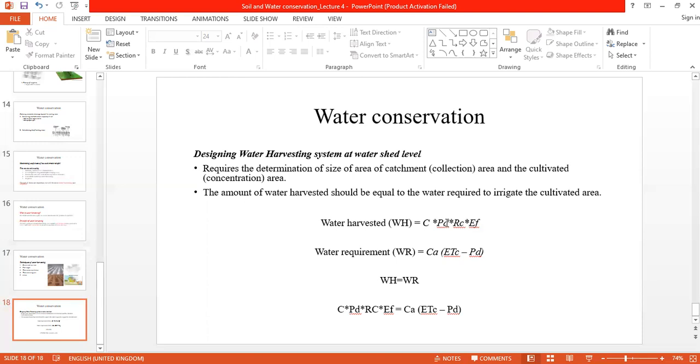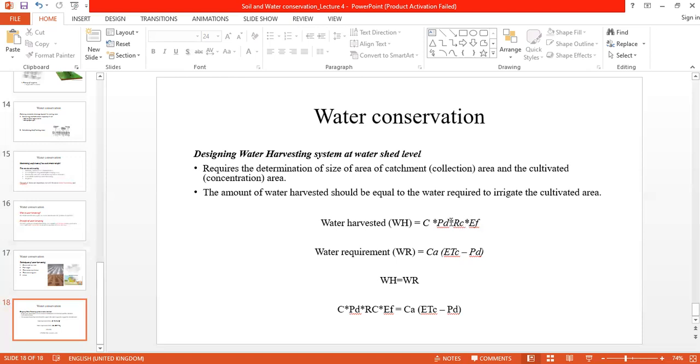You achieve this by making this water move on the surface of the soil going into the planted area. But because not all the rainfall will run off, some of it is going to infiltrate, we multiply it by what we call the rainfall coefficient.